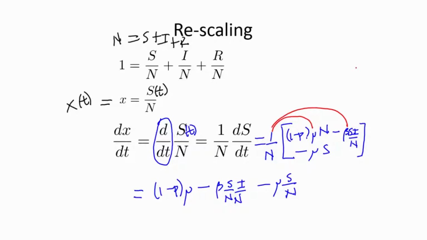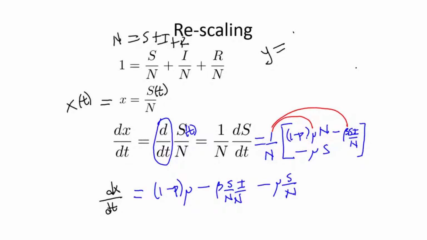In the first multiplication, you have n divided by n, that disappears, okay? And this is now taking this form. Remember, this is the derivative of x with respect to t. So suppose that we call x is s divided by n.